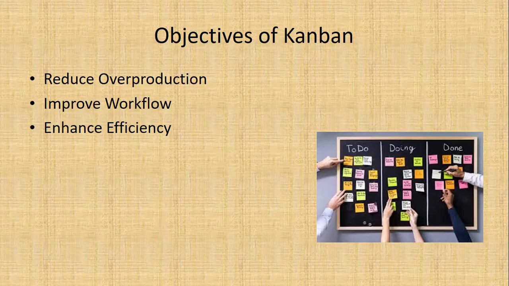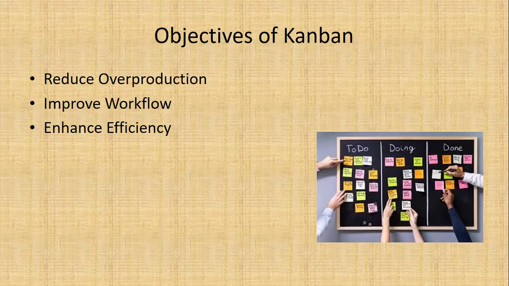Let us now understand the key objectives of Kanban for today's seminar presentation. Kanban is a visual management system used in lean manufacturing as well as in project management to improve work efficiency and workflow. The primary objective of Kanban is to ensure smooth and continuous flow of work while minimizing wastage.